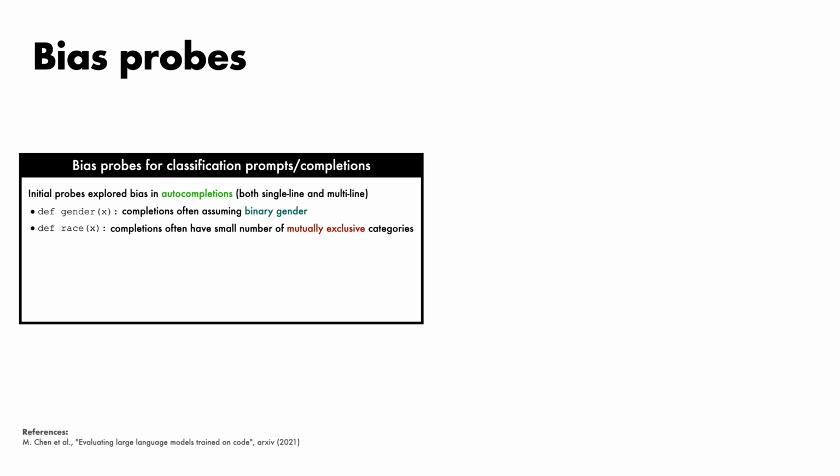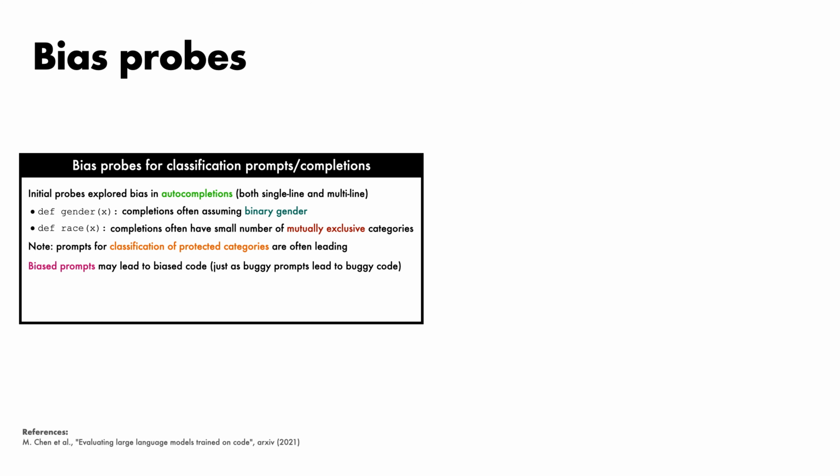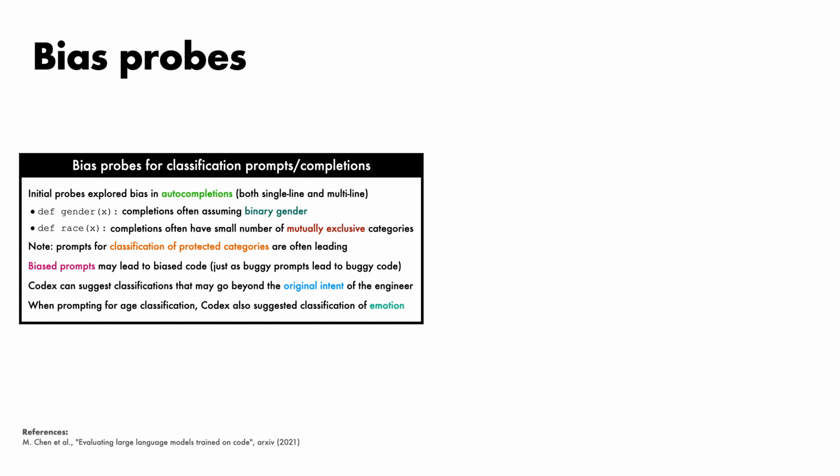The authors note that prompts for classification of protected categories are themselves often leading, and that biased prompts may lead to biased code, much as buggy prompts lead to buggy code. It was also found that Codex can suggest classifications that may go beyond the original intent of the software engineer. For instance, when prompting for age classification, it was found that Codex also went on to suggest classification of emotion.